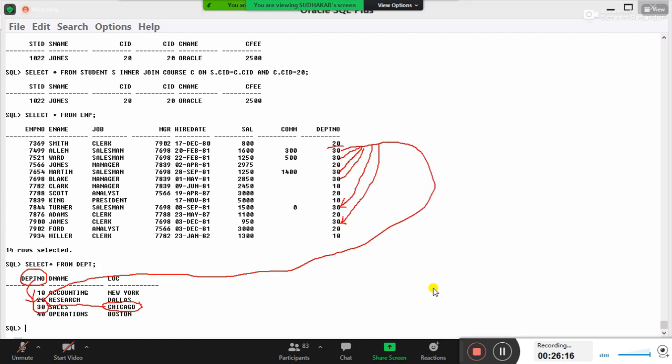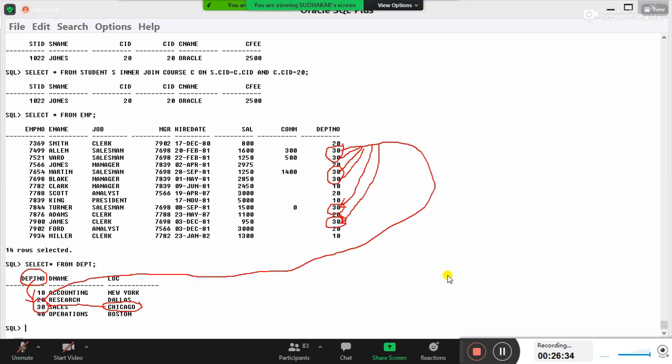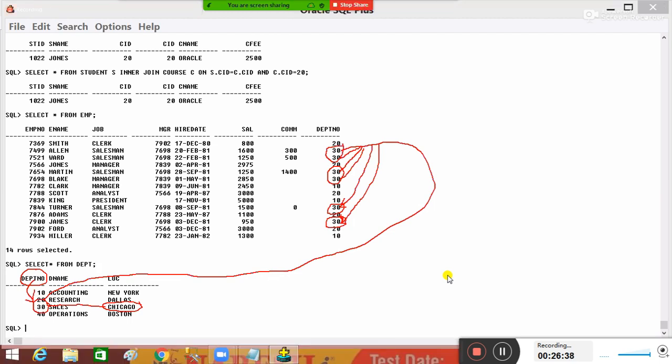So how many times is the 30 number matching in this EMP table? Okay, six times matching, right?